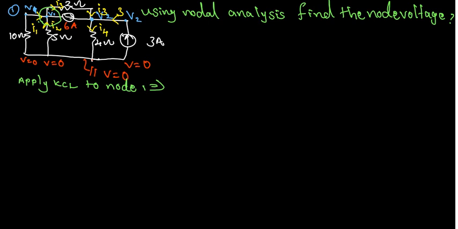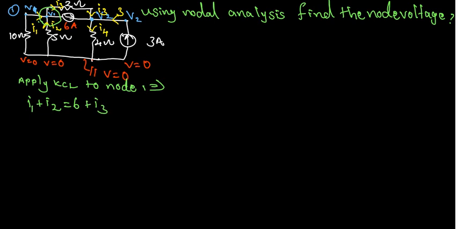In a node, incoming currents are equal to outgoing currents. Sorry, I1 and I2 are the incoming currents, and the outgoing currents are 6 and I3.